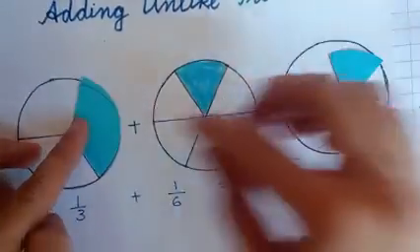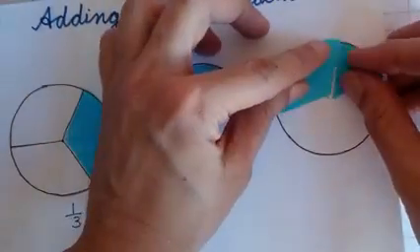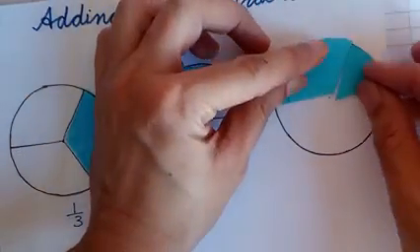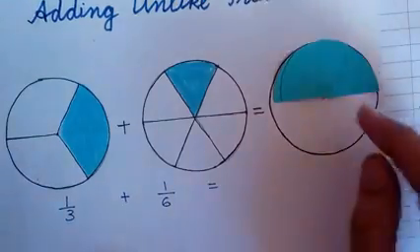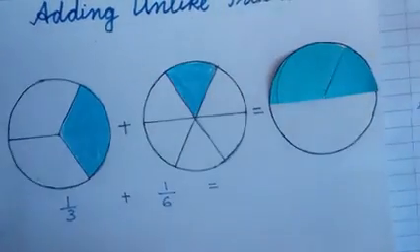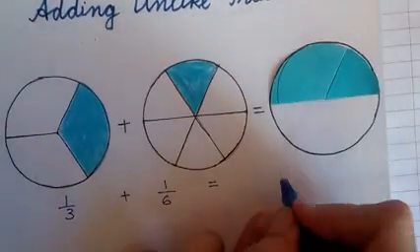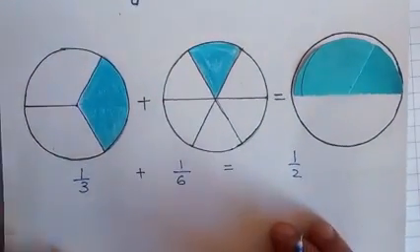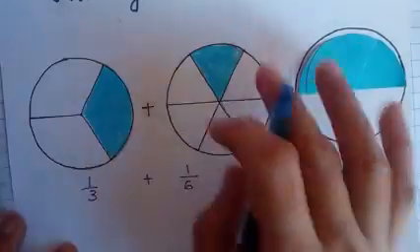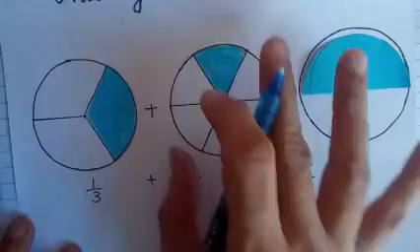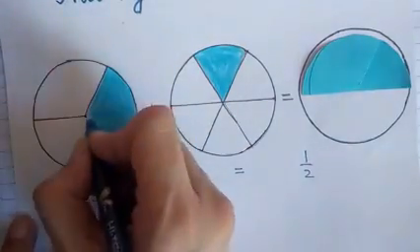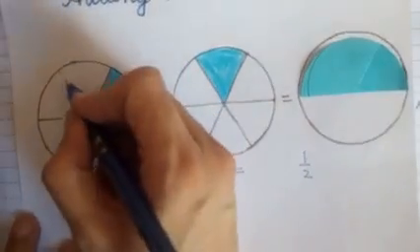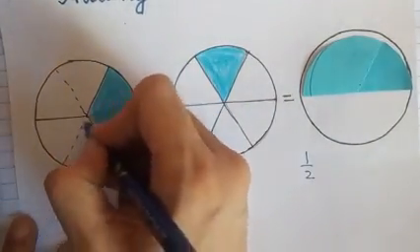Let us move them and join them together. So what we are getting here, when we are joining them, we are getting half. So what we are doing here, we want equal slices, equal pieces. So here we are dividing this into equal parts.